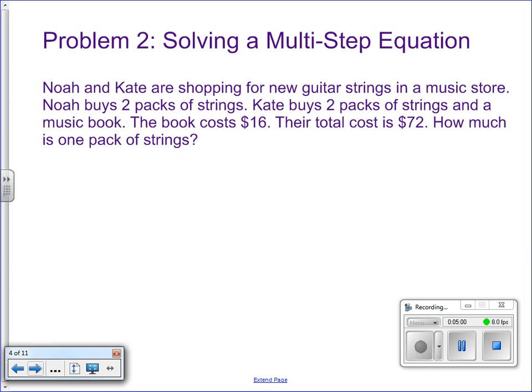All right, well, let's take a look and see what the important parts to this problem are. So we know that Noah buys 2 packs of strings. We want to know in our question how much 1 pack of strings is. So why don't we use P for our variable, and that's going to represent the amount of 1 pack of strings.